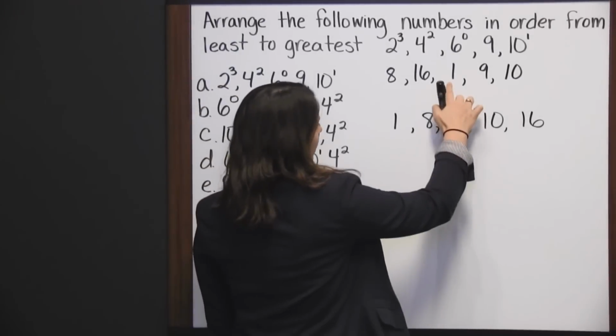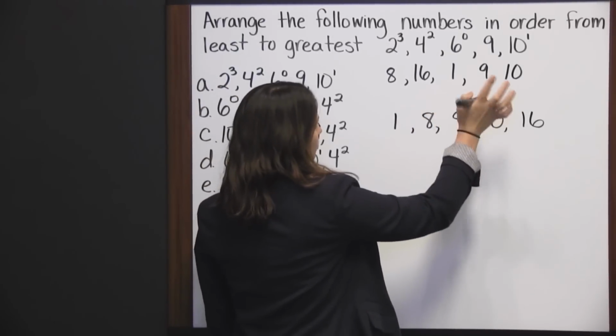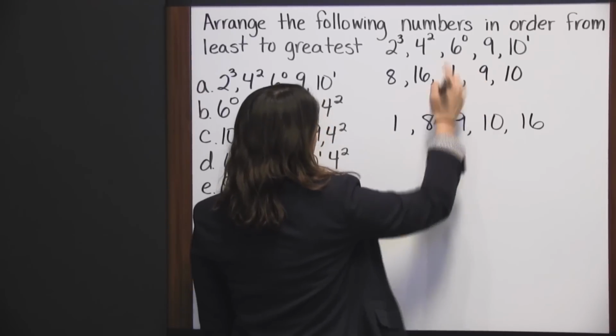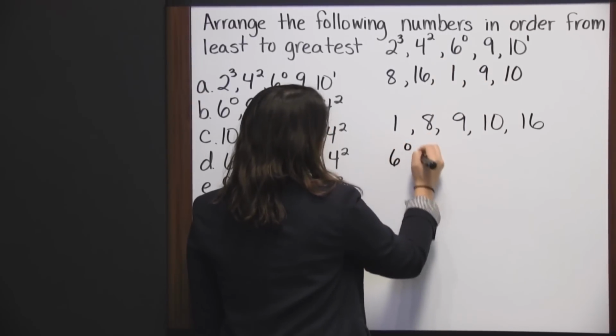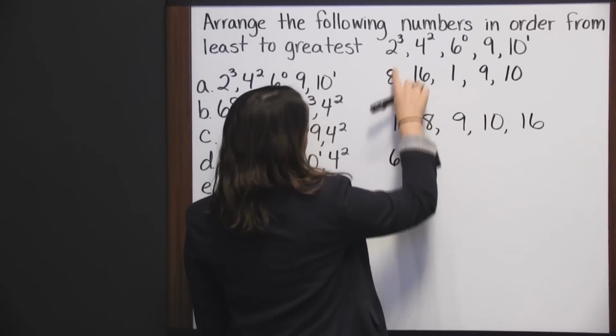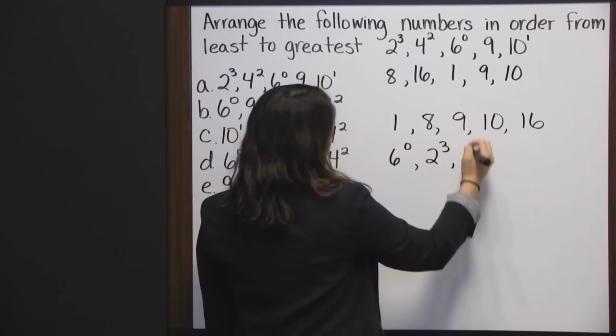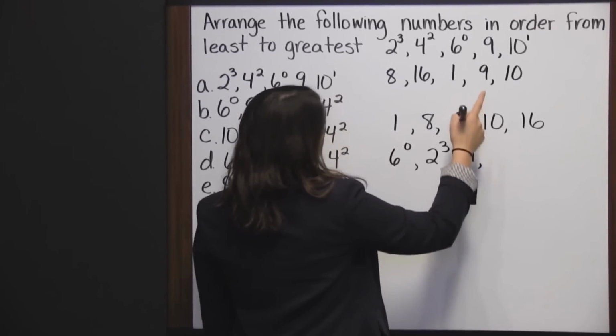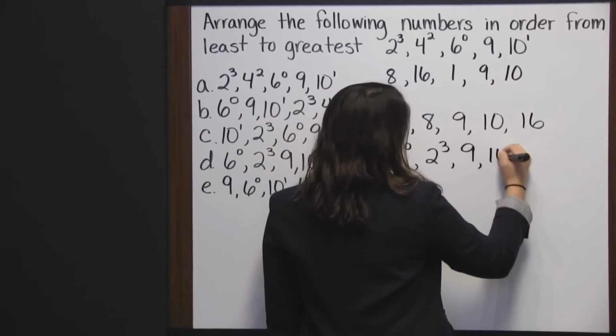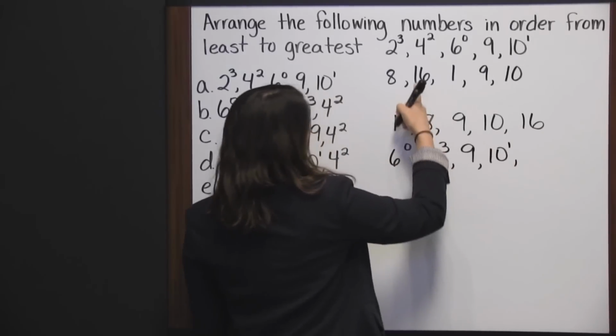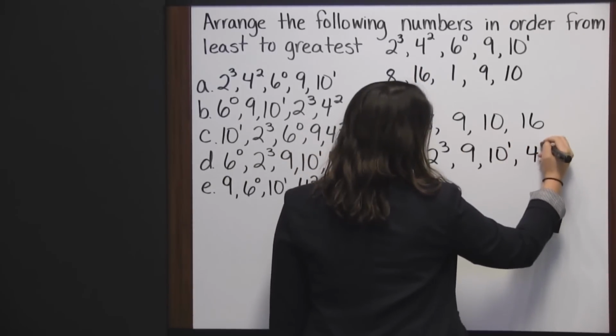So now I'm going to go back and write them the way they were written to begin with. 1 was 6 to the 0. 8 was 2 cubed. 9 was always 9. 10 was from 10 to the first, and 16 was 4 squared.